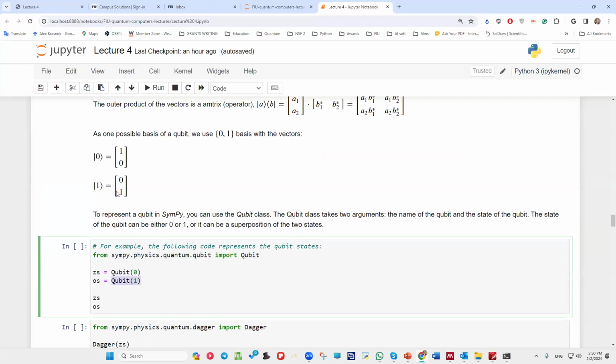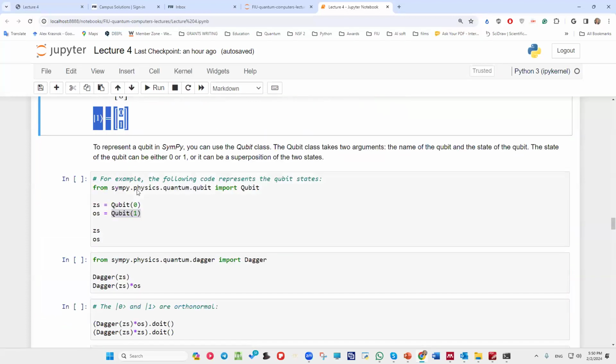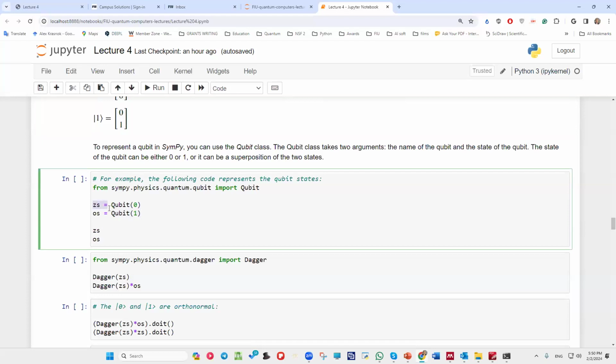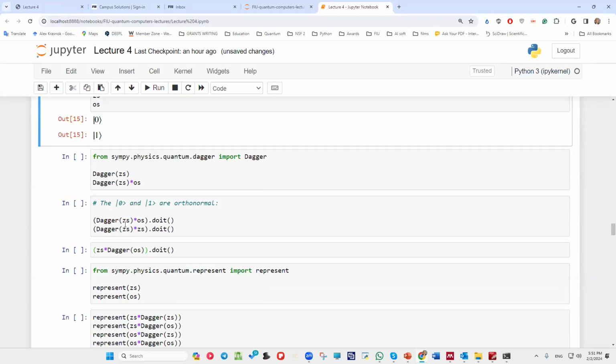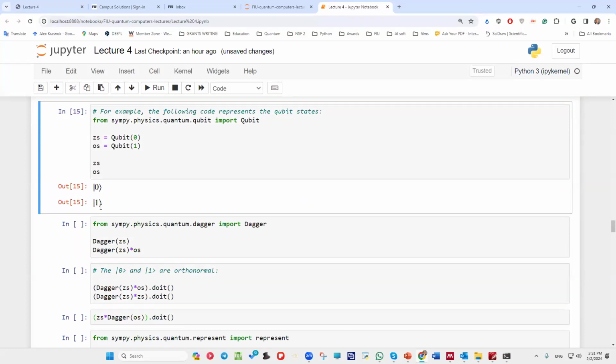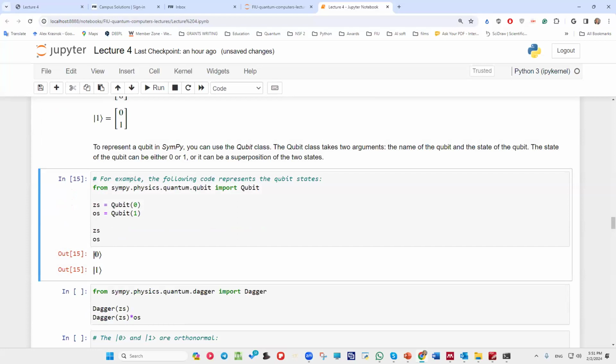And Qubit 1, similarly, is the state (0, 1). I just give the names ZS to the 0 state and OS to the 1 state. So the result is the 0 state and the 1 state. But now this is not just a letter or graphic element. This is actually a matrix.